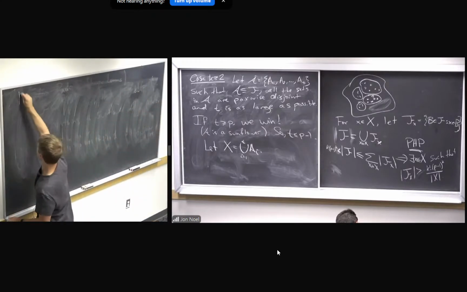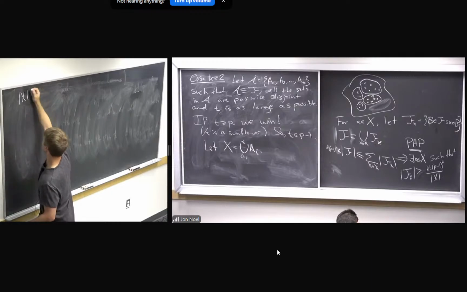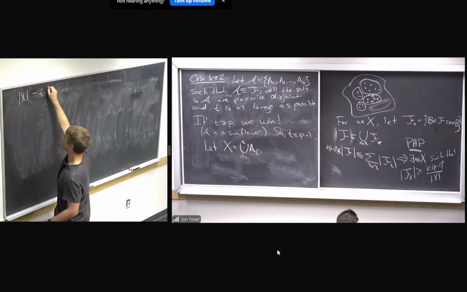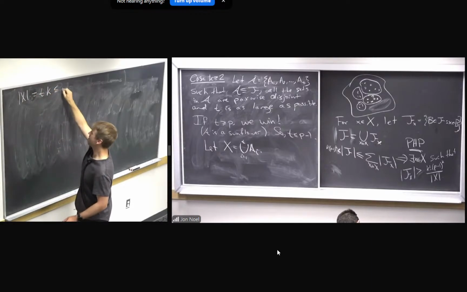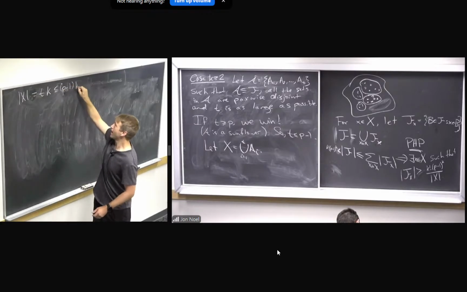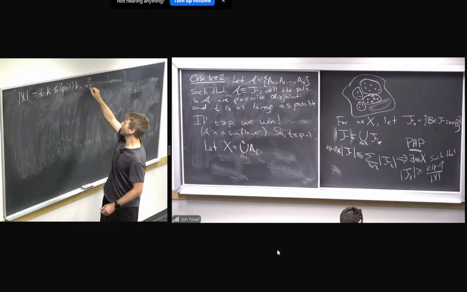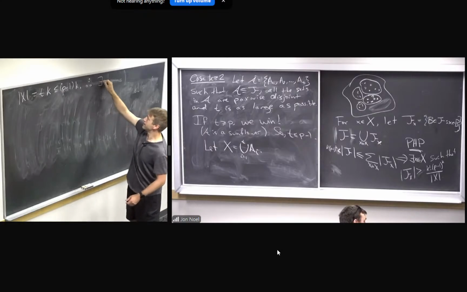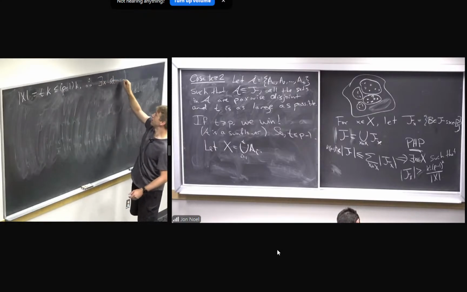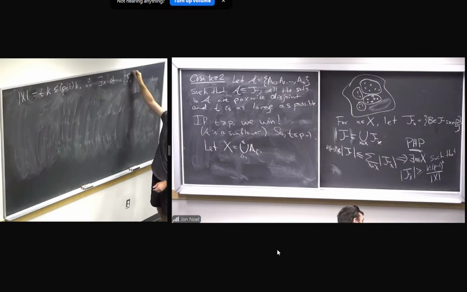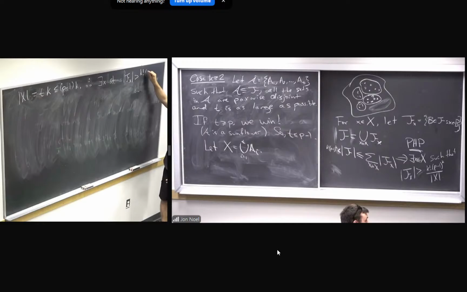What I'm trying to say is that the size of x is equal to t times k, which is at most (p minus 1) k. So therefore, there exists x such that the size of fx is strictly greater than k factorial (p minus 1) to the k over the size of x, which is at most this.